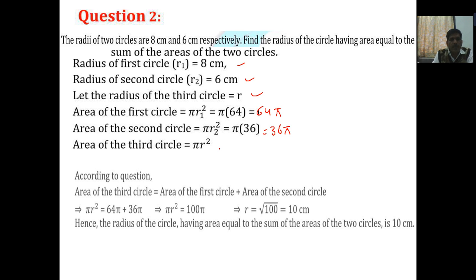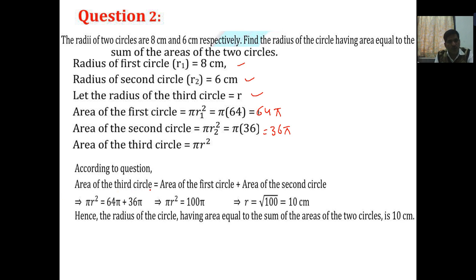Now if we compare, the area of the third circle is equal to the area of the first circle plus the area of the second circle. So pi r square is equal to 64 pi plus 36 pi. So pi r square is equal to 100 pi, pi cuts. So r square is equal to 100, r is equal to 10 centimeter. Hence the radius of the circle having area equal to the sum of the areas of the two circles is 10 centimeter. So question number 2 we have completed.